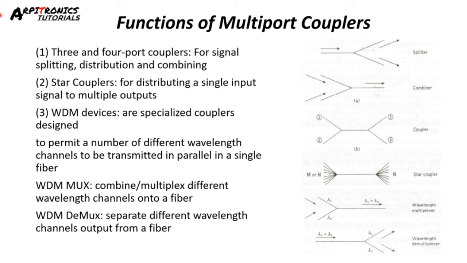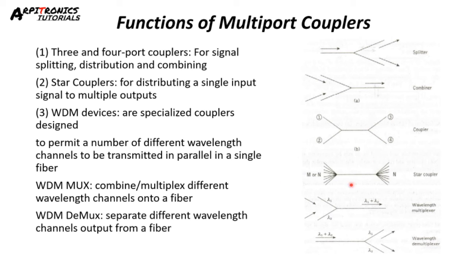As shown in the figure here, this single signal is split into two. Here the split signal is given and combined into one. In this 4-port coupler, 1 and 2 are joined together here, and then 3 and 4 are the outputs here.